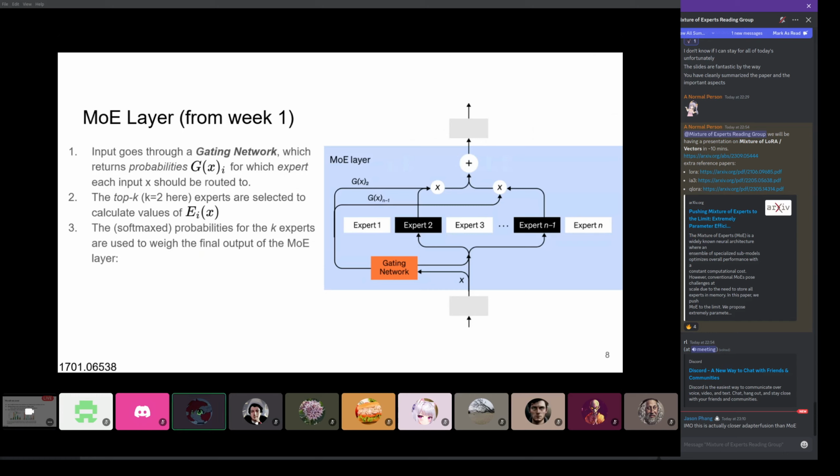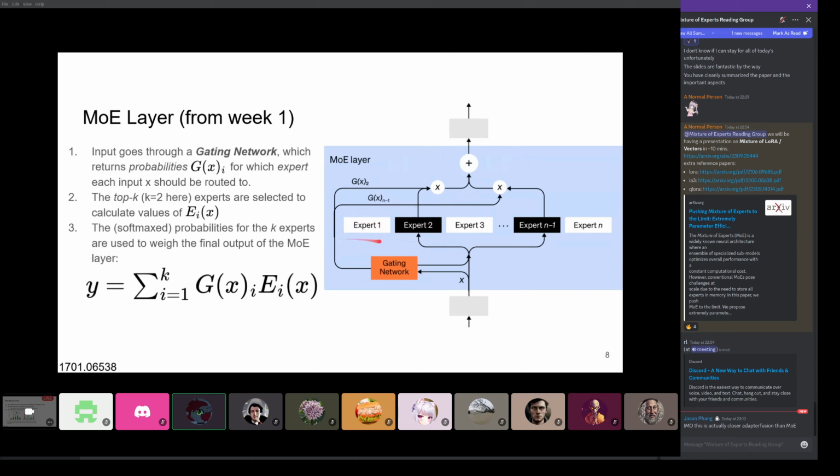For the normal mixture of experts layer, if you did not watch the week 1 lecture on mixture of experts, the idea for a generalized mixture of experts layer is fairly simple. You take any arbitrary function that can be represented as an individual expert.